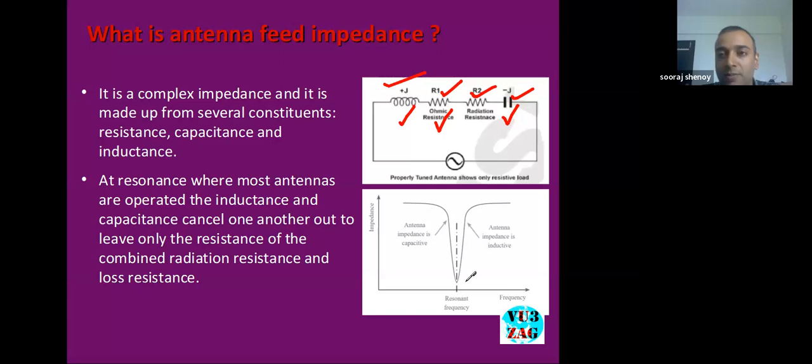If you have designed a dipole with a resonance frequency of 7 megahertz, then at 7 megahertz the impedance will be minimum. At frequencies less than 7 megahertz, it will be a capacitive impedance, and for frequencies above the resonance frequency, it will be an inductive impedance.